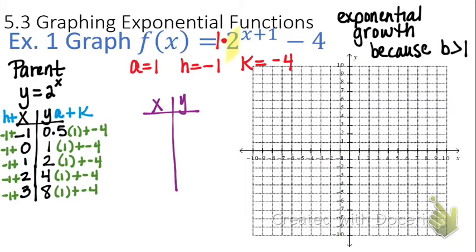So if you take negative 1 plus negative 1, negative 1 plus 0, negative 1 plus 1, negative 1 plus 2, negative 1 plus 3, get your new x values. For your y values, you're multiplying by 1 and then subtracting 4 to get your y values. And then go ahead and graph it.